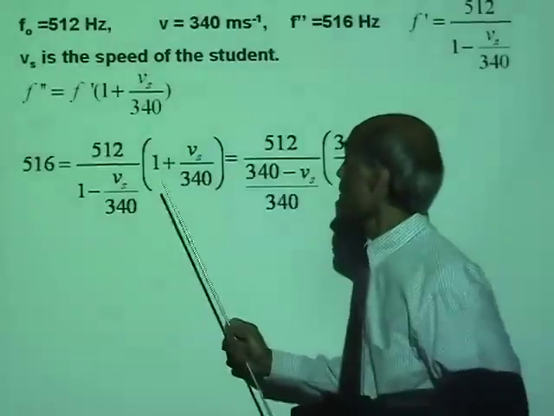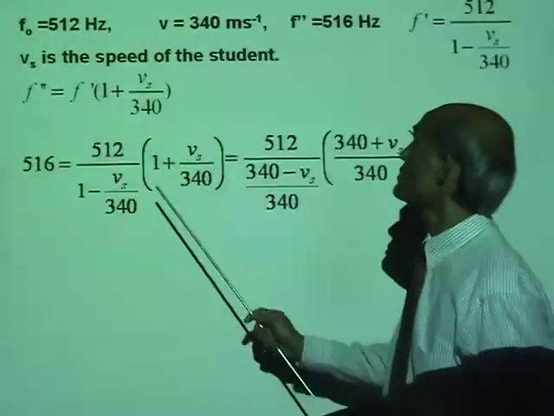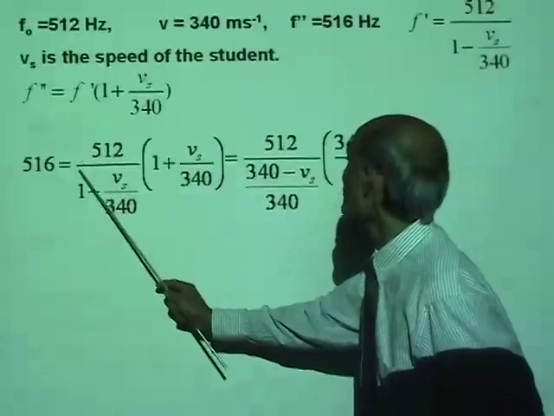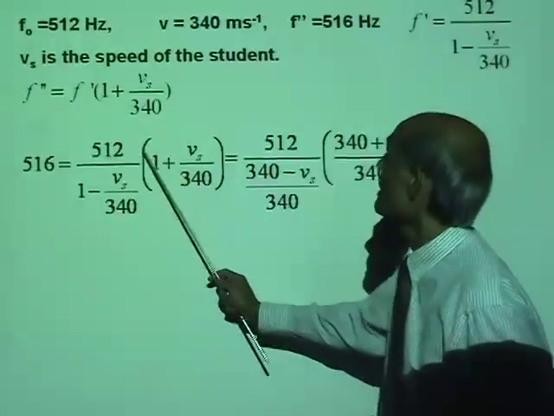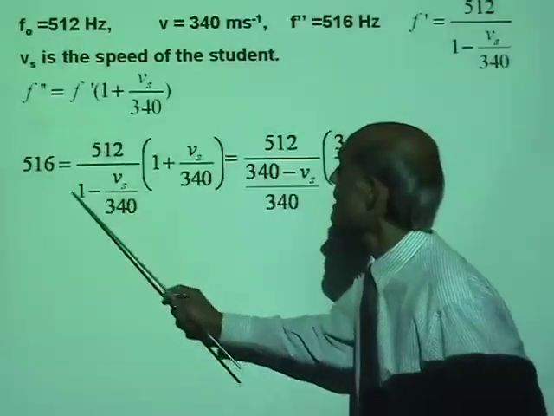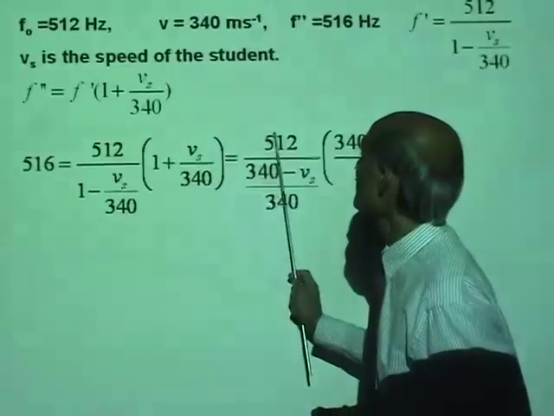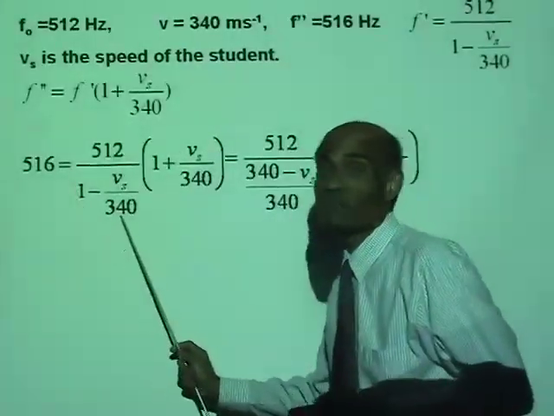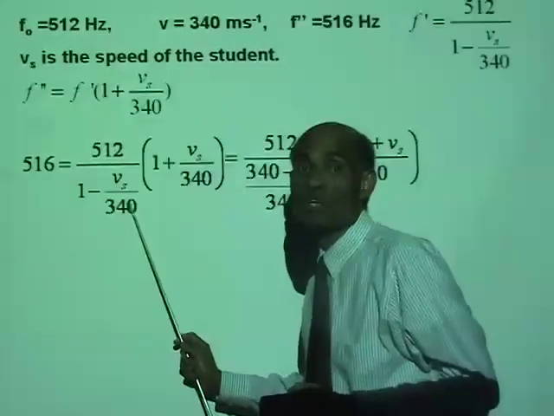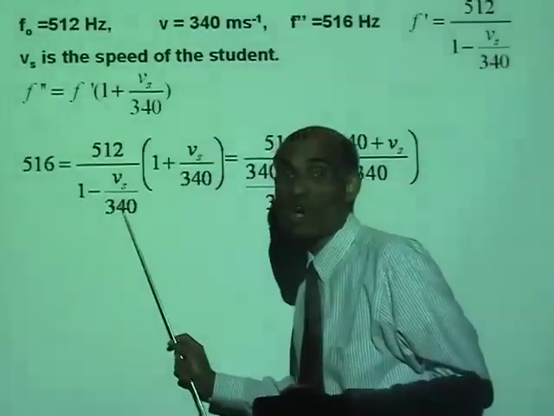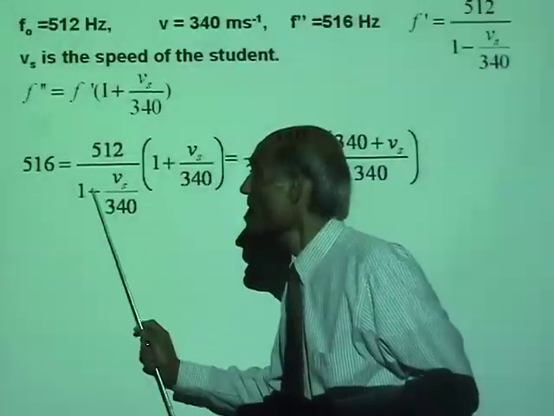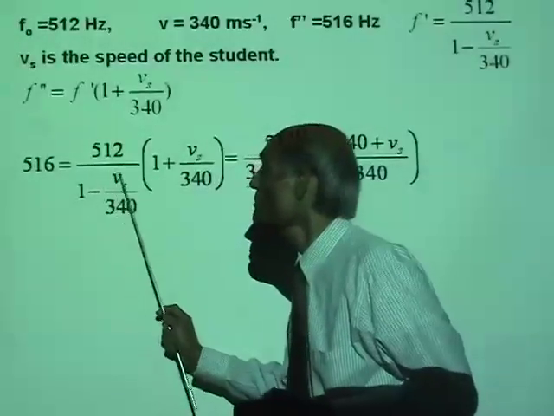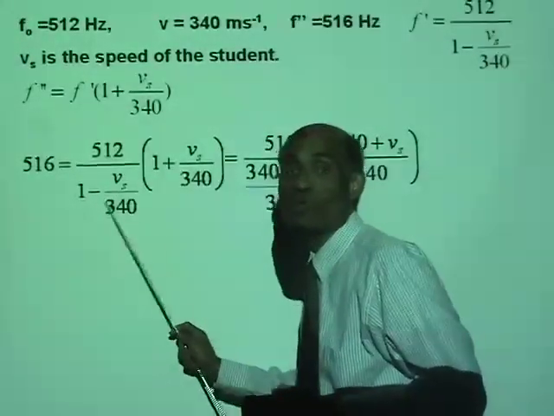Alright, what I can do now is simplify the right hand side. That will be 512 over, look at the way I simplified this denominator. Took 340 as the common denominator, and that becomes 340 minus Vs over 340.